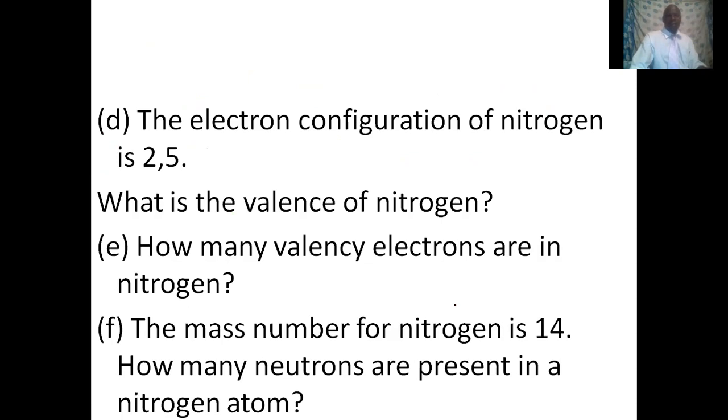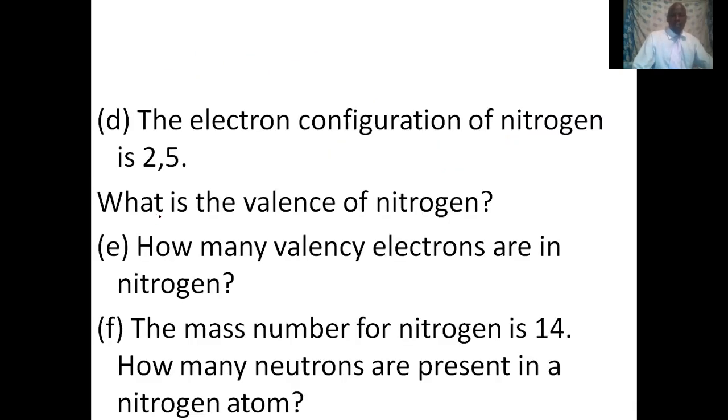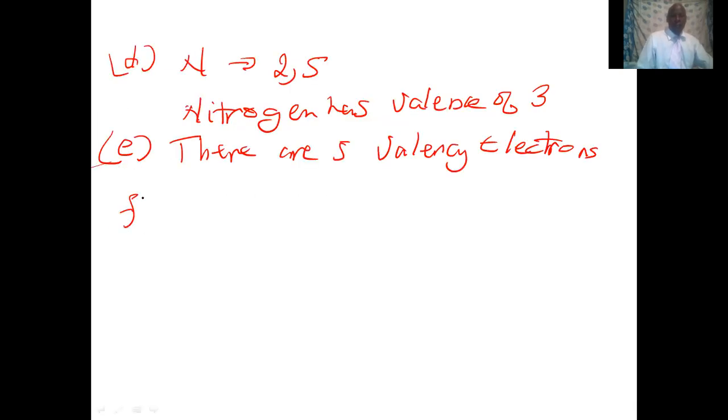Number F, the mass number of nitrogen is 14. How many neutrons are present in a nitrogen atom? We are saying nitrogen, the atomic number is 7, and the mass number is 14. For you to get the number of neutrons, the atomic number is the same as the number of protons.